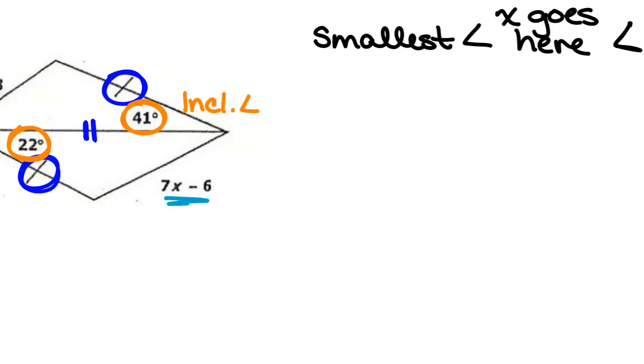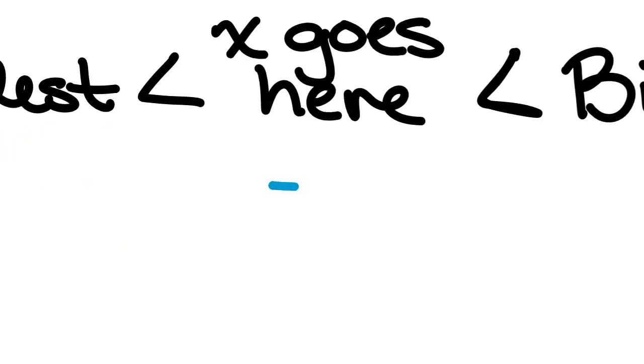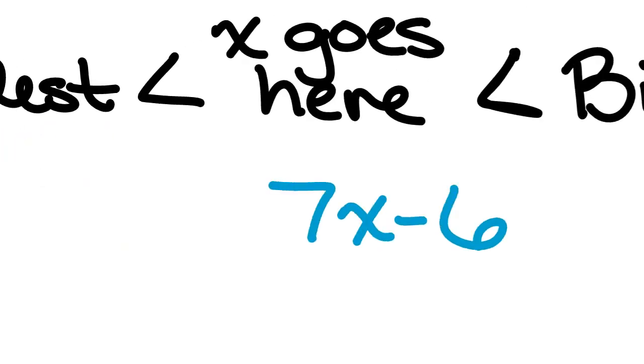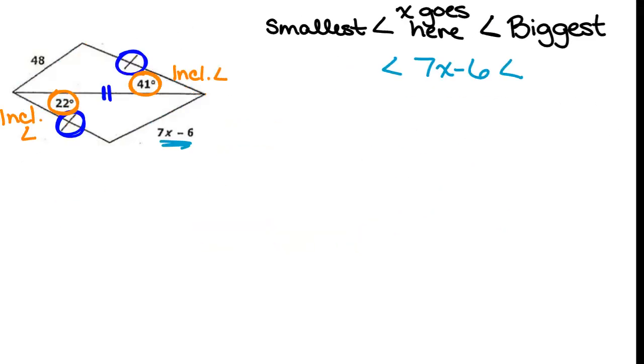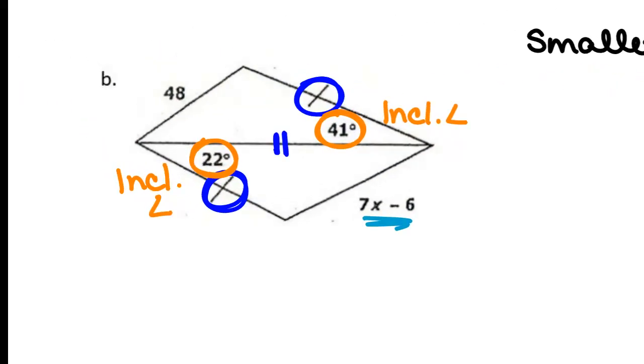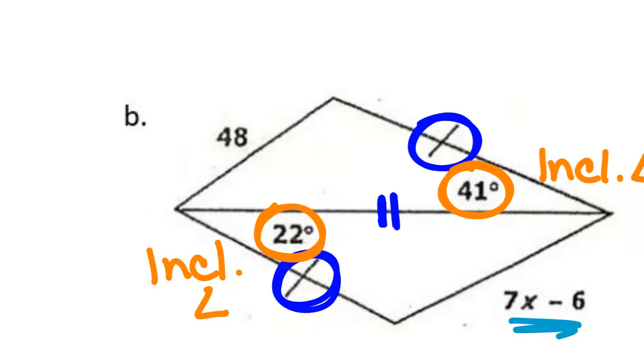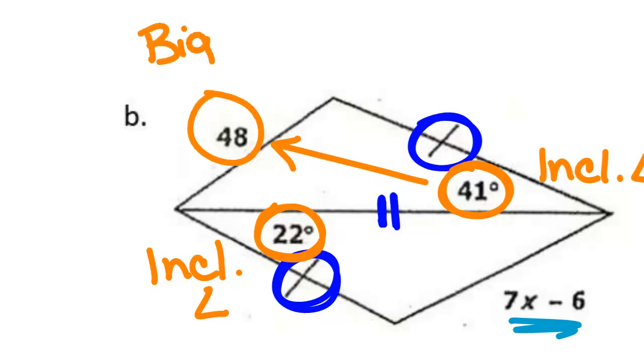X is part of a side, 7x minus 6. So that goes in the center with my less thans on either side. 48 is bigger. Tell me why. 41 is bigger than 22, so 48 is my bigger third side.